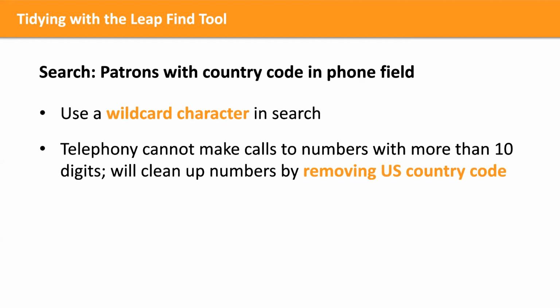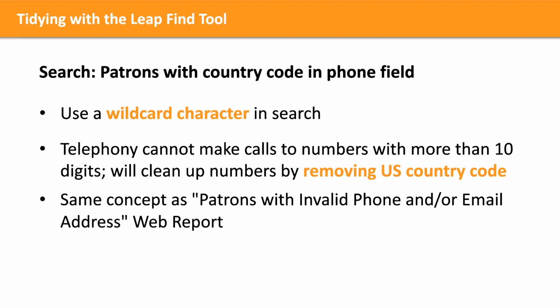As we heard about earlier in the session, this is a cleanup task because telephony likes numbers formatted with 10 digits. It automatically inserts the country code itself. So having a country code in the number just kind of duplicates efforts. So for this cleanup, we're just going to identify patrons with the country code and remove that digit.